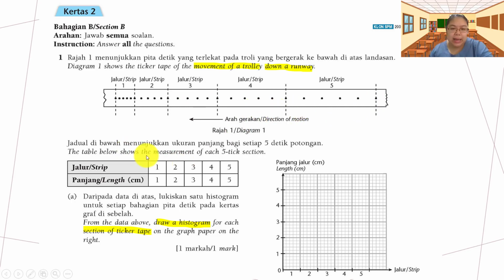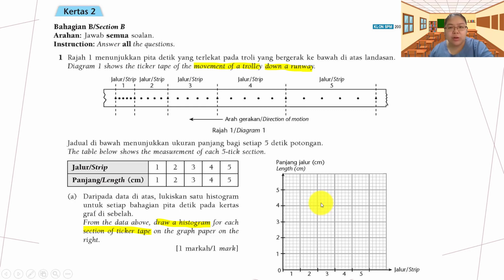Now the table shows you the measurement of the 5-tick sections. Every strip here has 5 ticks. The first one is 1 cm, 2, 3, until 5. They want you to draw a histogram for each section of the ticker tape on graph paper. Histogram means a bar chart.